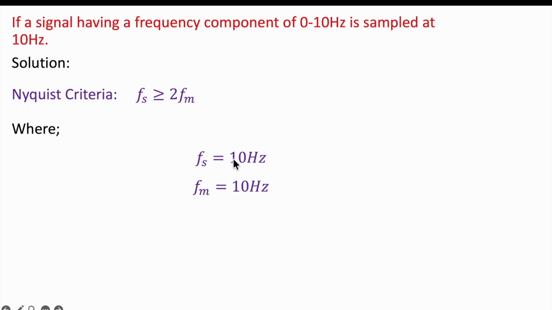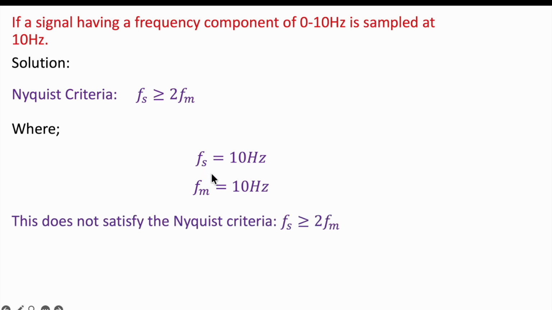According to the Nyquist theorem, f_s should be greater than 2 times f_m, but from these results f_s equals f_m. So this does not satisfy the Nyquist criterion, and f_s is much less than 2 times f_m.